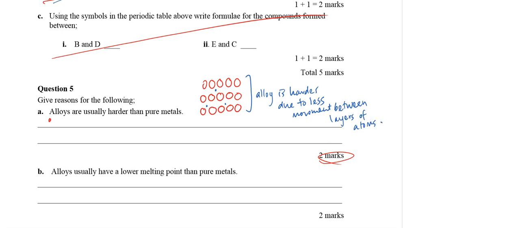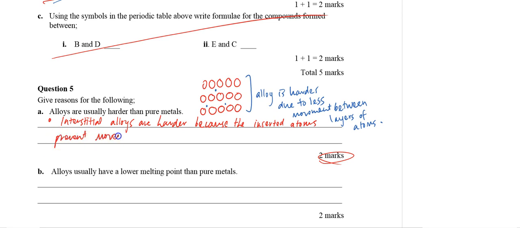So for the first reason, I would be specific and say interstitial alloys are harder because the inserted atoms prevent movement of the layers of metal atoms.